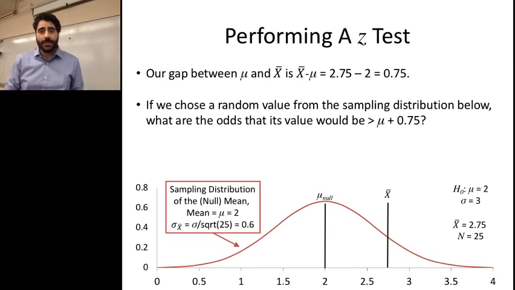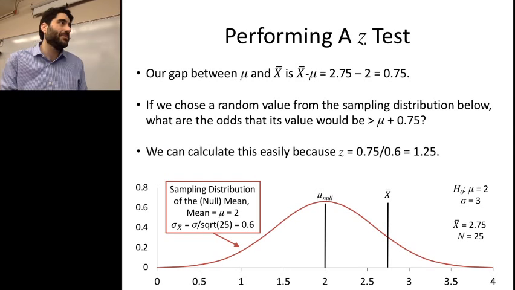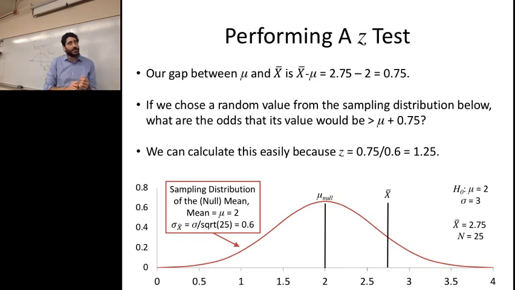The easiest way to do this, and this is the traditional way pre-computers, is you convert this into a z-score, right? And remember, the z-score is basically asking how many standard deviations away from the mean we are. Here, the standard deviation is this standard error, which is 0.6. And so we're 1.25 standard deviations away from the mean.